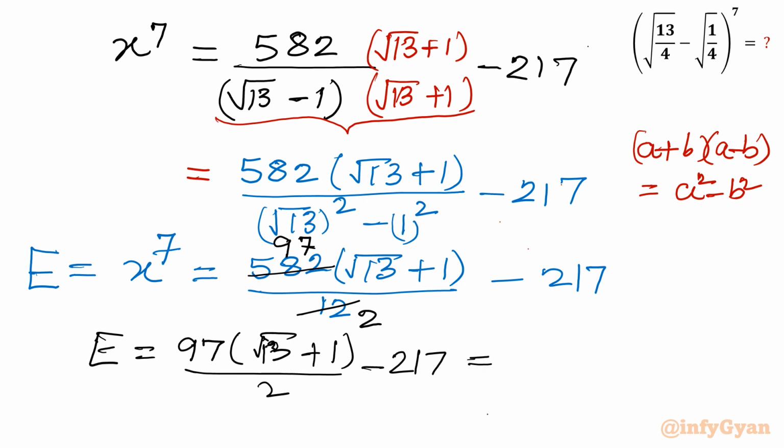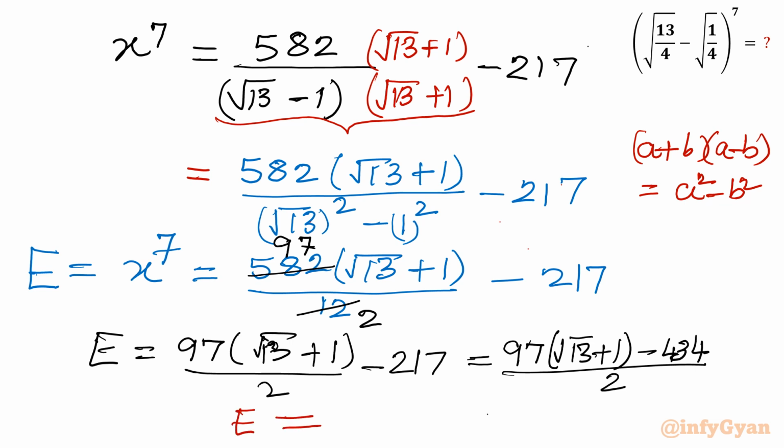Now in the next step we can write 97 times (root 13 plus 1) minus 434 divided by 2, and once we simplify this, we have our answer: expression E equal to (97 root 13 minus 337) over 2. This is our final and ultimate answer.